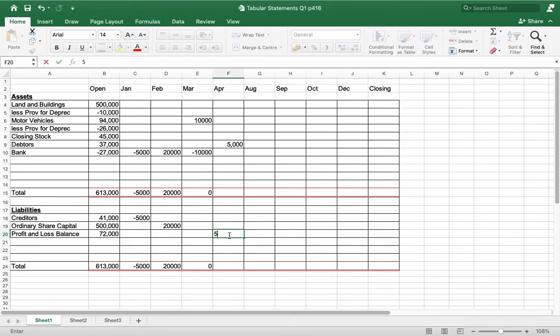So anything that means that I have more profit or less profit is going to be affected in my profit and loss balance, and brought into this document through that. And the net effect there is going to be, we have 5 grand more liabilities because the business owes 5 grand more back to the shareholders, and we have 5 grand more in assets with the debtors owing us more money. That's the basics of how we do tabular statements in theory.